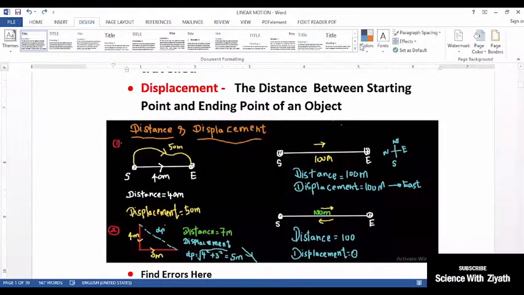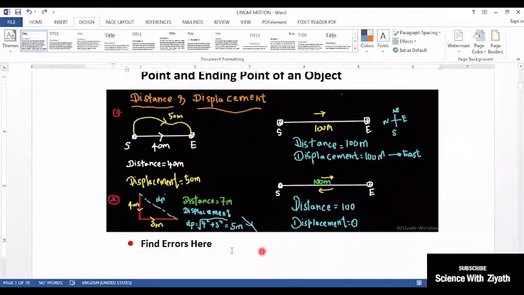So the distance and displacement, if you look at this one here, I will send this PDF, right? What is the difference between distance and displacement? The length between the starting point and ending point is displacement. The total length of an object's path is distance, right? But here, I have given it with some errors, so we found that error here.